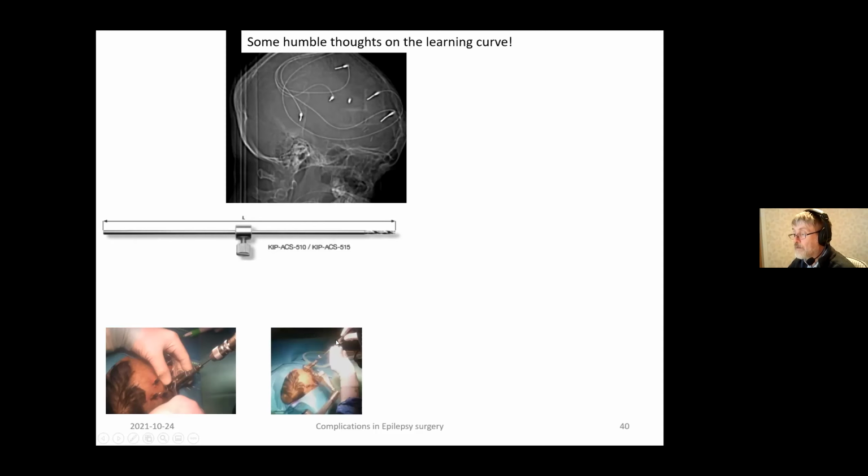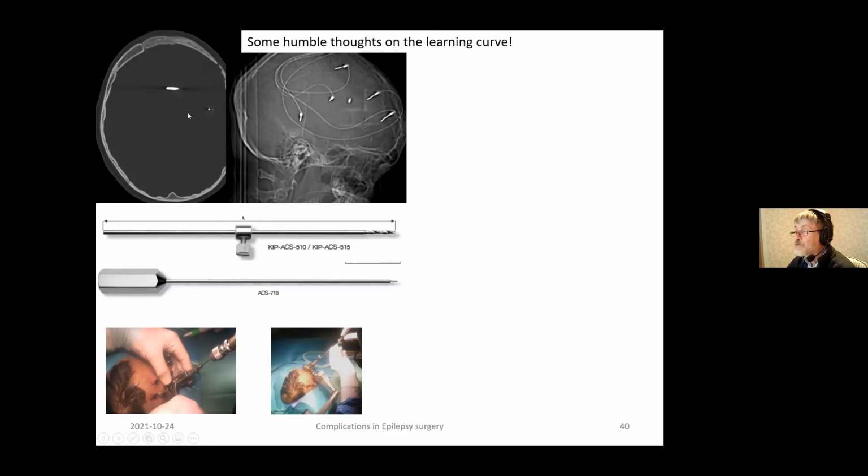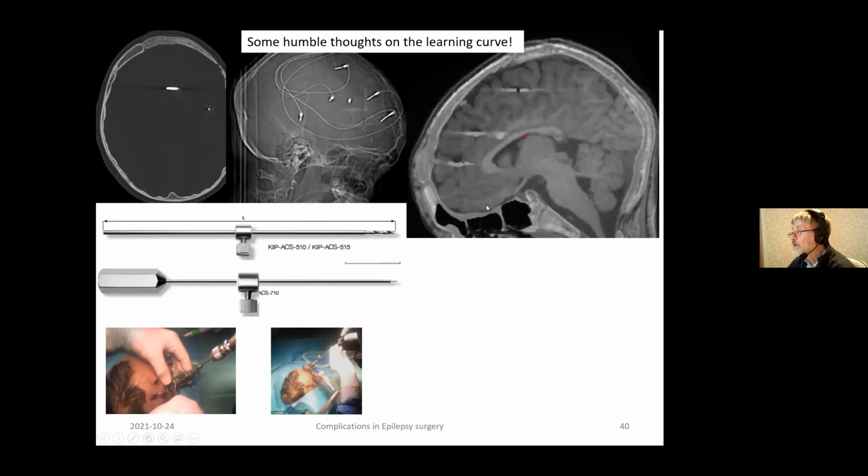Then you use a screwdriver to take the screw, and I didn't use a stop screw. It didn't occur to me. So the screw ended up in the middle of the brain. After that, I always use a stop screw, of course. The patient was not damaged.